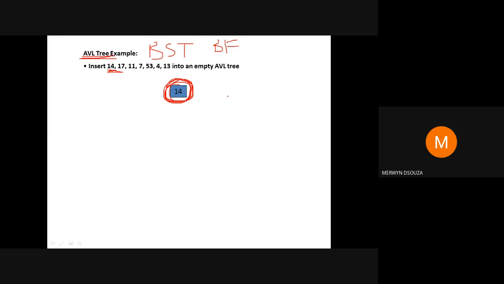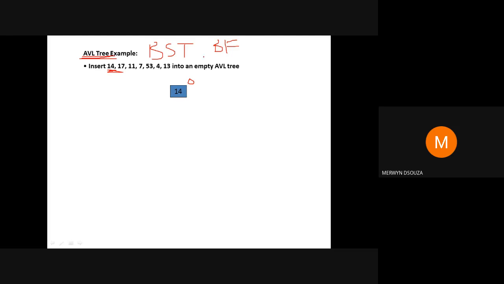So the first value will come as 14. Once you have inserted this value, calculate the balance factor of 14. The balance factor of 14 will be 0.